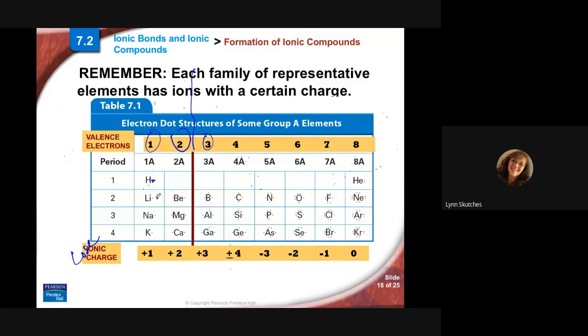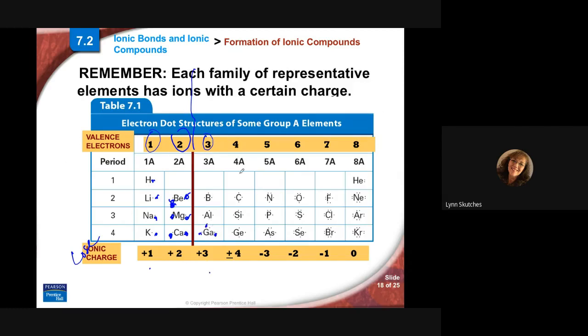So everybody here gets 1 dot for 1 valence electron. They lose it. They end up with an overall +1. 2 dots, they lose them. They end up with a +2 charge. Every element in this family, no exceptions.